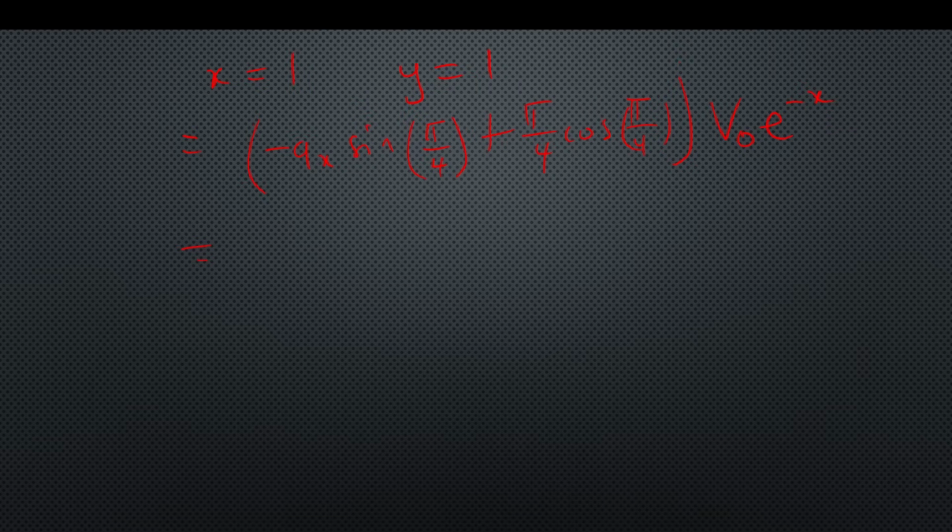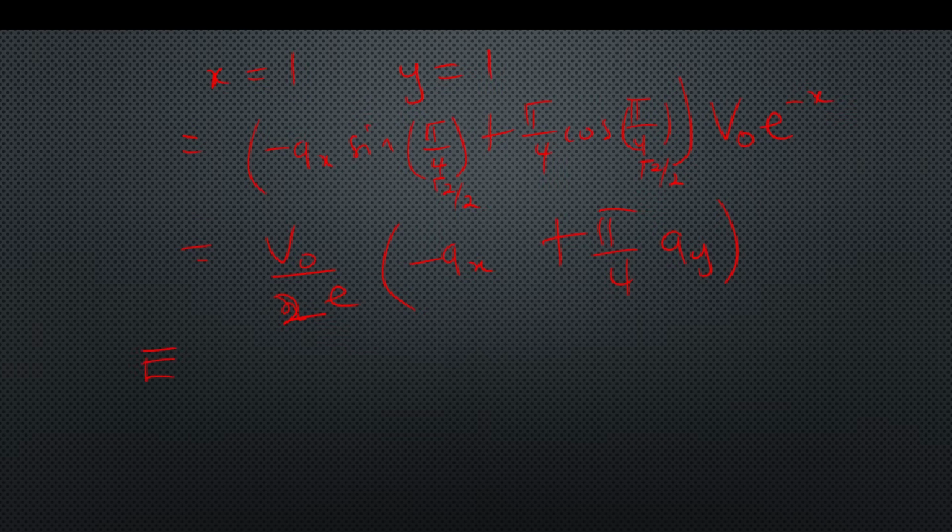So I'm going to get V naught, sine pi on 4 a_x, plus pi on 4, cosine pi on 4 a_y. This is going to give us root 2 on 2. This is also going to give us root 2 on 2. Yeah, so when you work it out, you're going to get this.